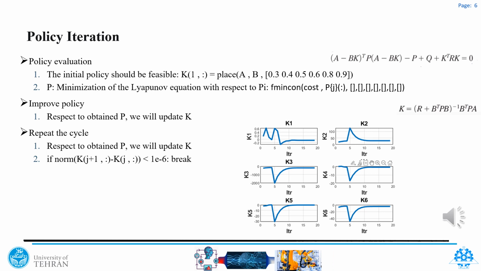In this step, we should solve an optimization problem to reach matrix P, and in the second step, we have improved policy. In this step, with respect to the obtained P, we will update K with the second equation, and we will repeat this cycle to reach the stop condition.